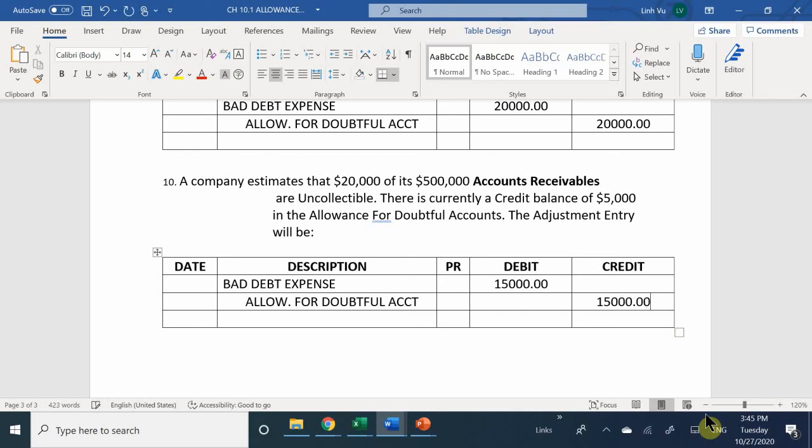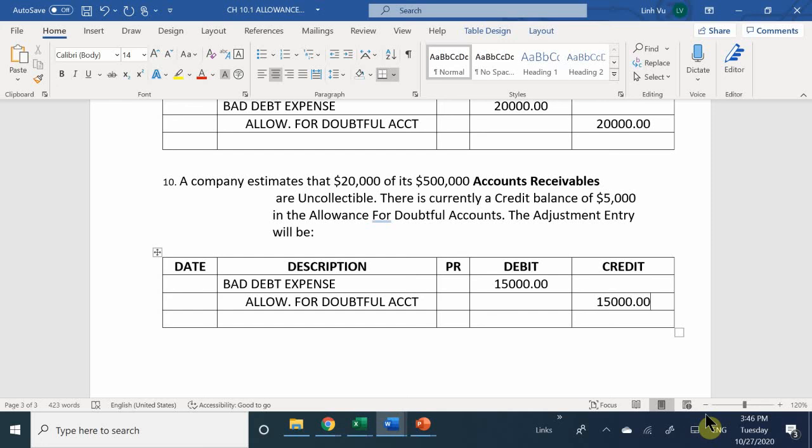So in this case, we're already on the right side. We need to go how many more to get to the end goal of 20,000, the estimated amount? So every time you recognize this, just think of the estimated amount, which is 20,000. If you're doing the balance sheet, that's your end goal. You need to have a total credit of the estimated amount.